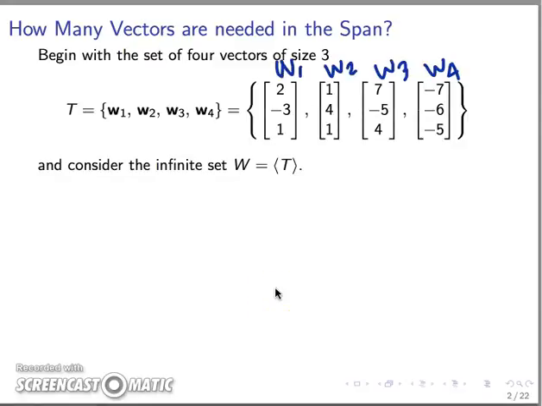This is in the same spirit as when we express the solution set of a linear system of equations, and we have free variables and dependent variables. For each evaluation of the free variables at specific values, you're going to have one specific member of that solution set. And it's similar for the span being a set that contains infinitely many elements.